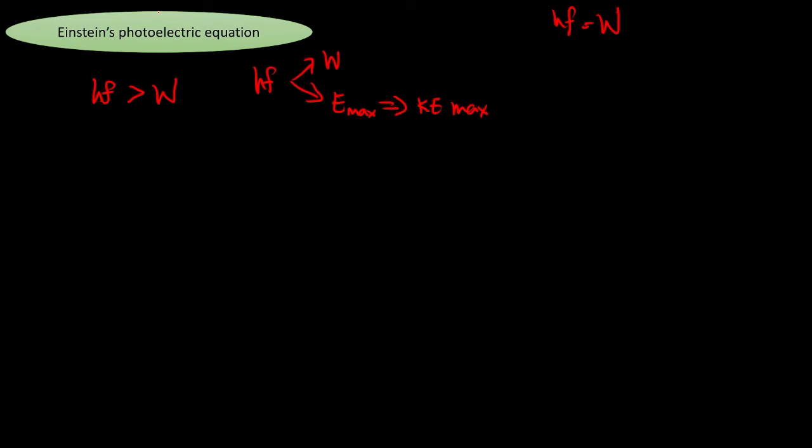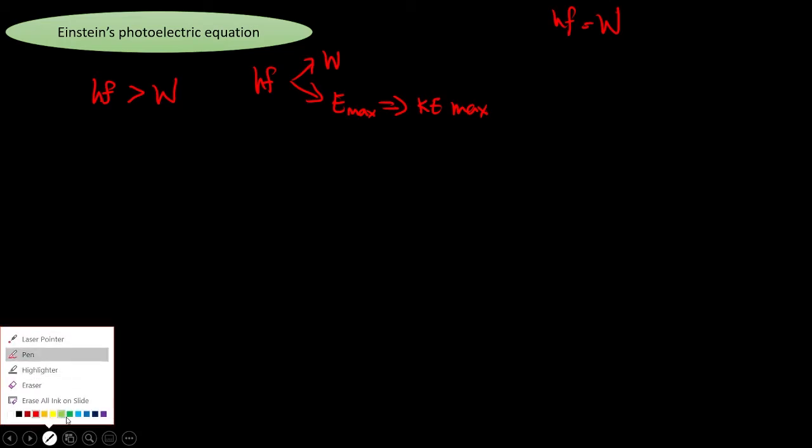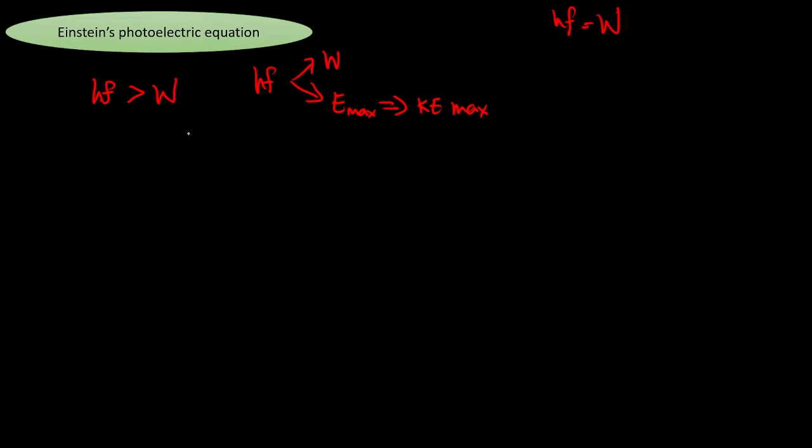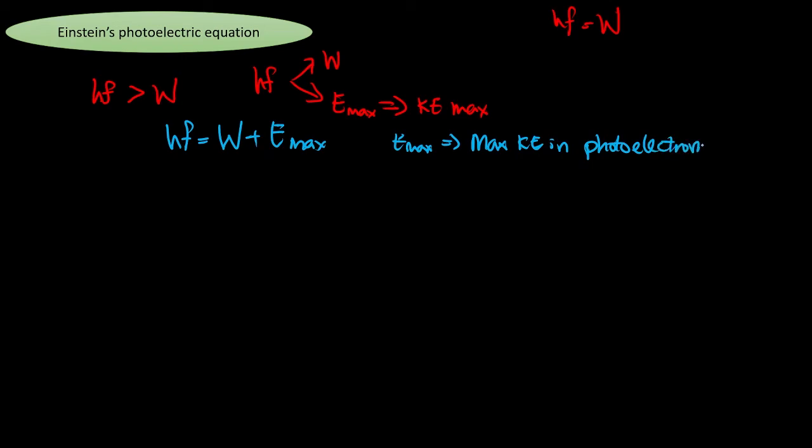So in other words, Einstein's photoelectric equation can be written as this: hf is equal to W plus E max. Here, E max means the maximum kinetic energy of the photoelectron.